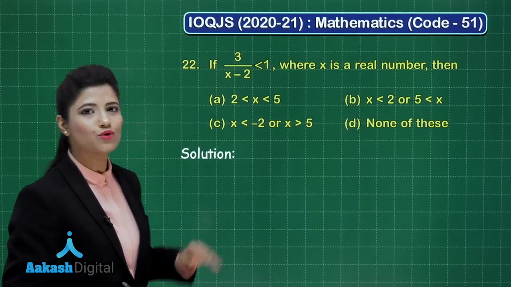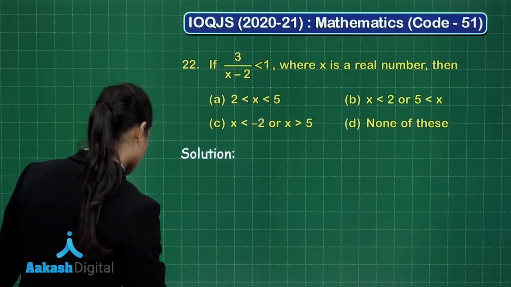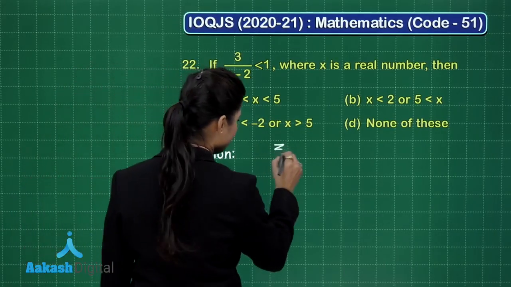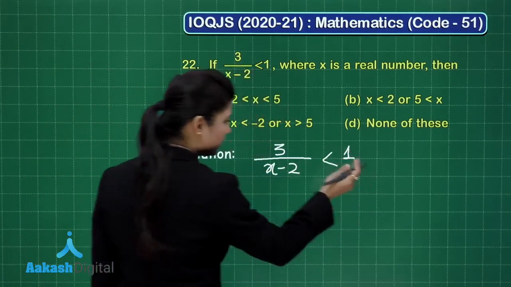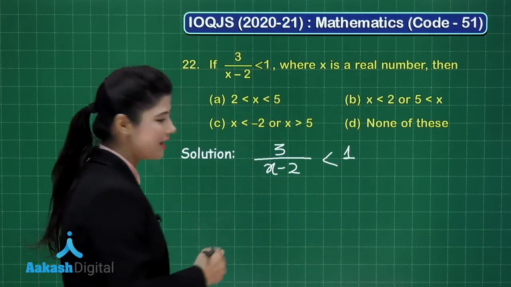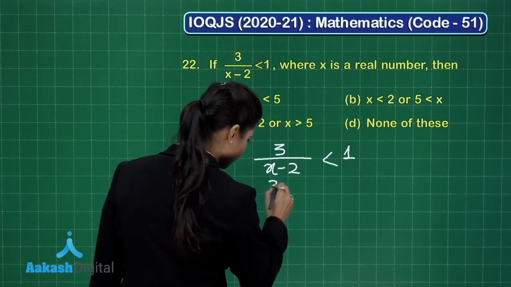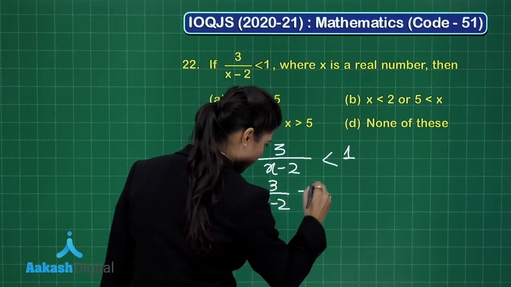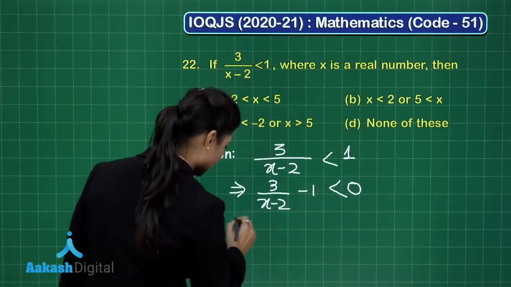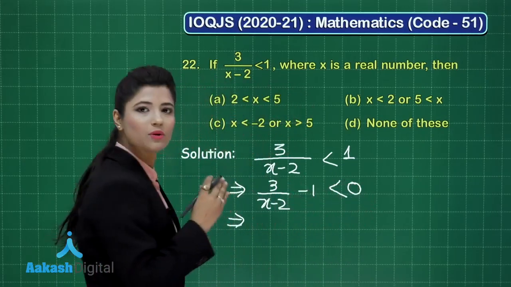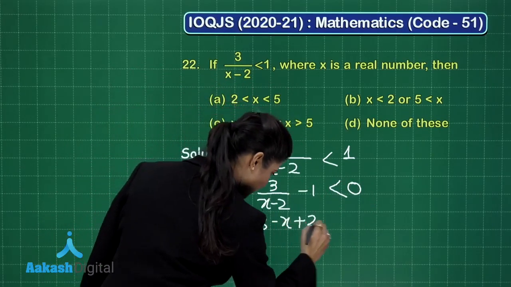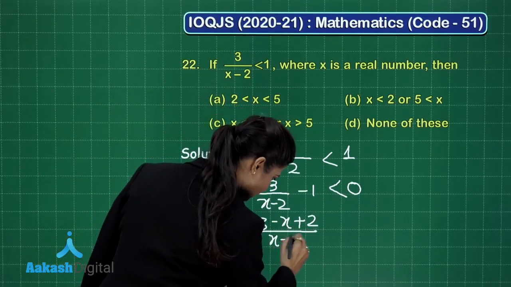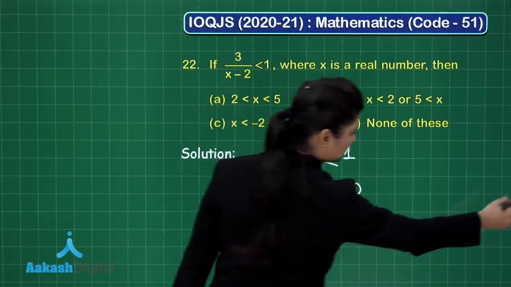So let's try to solve this inequality first. Here we have 3 upon x minus 2 less than 1. Now let me transpose 1 to the left hand side in order to solve it. So I get here 3 upon x minus 2 minus 1 less than 0. Alright. So I'll be taking LCM on the left hand side, which gives me 3 minus x plus 2 upon x minus 2 less than 0.